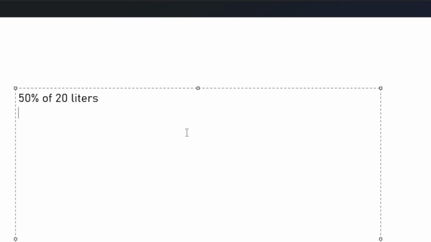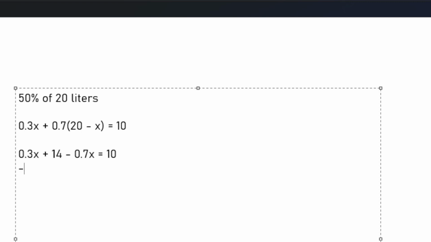So here's the equation: 0.3x plus 0.7 times (20 minus x) equals 10. To solve this, expand and simplify. 0.3x plus 14 minus 0.7x equals 10.